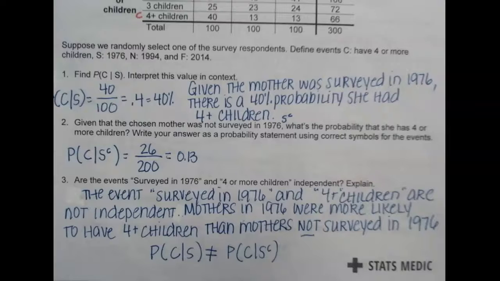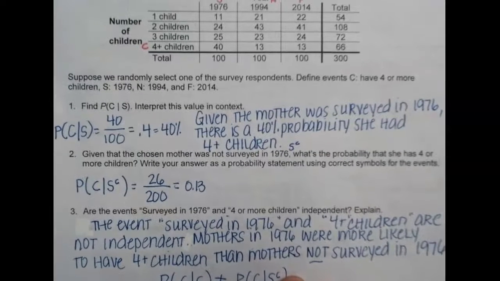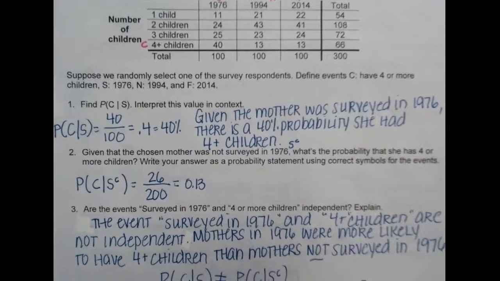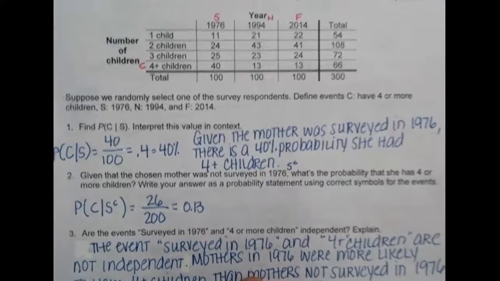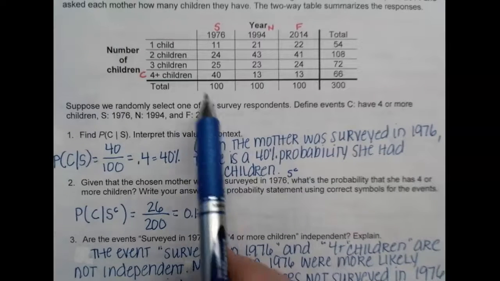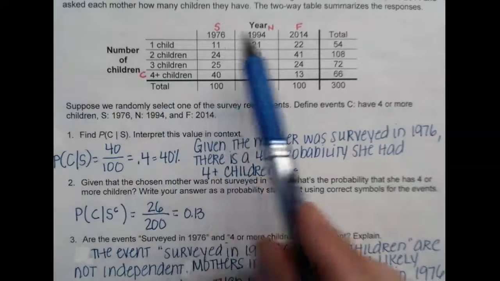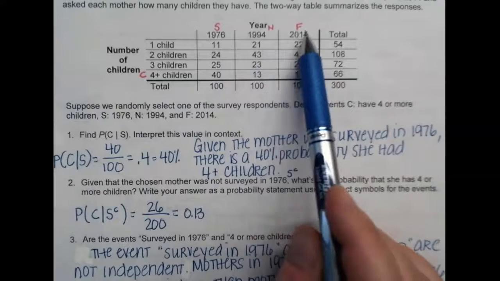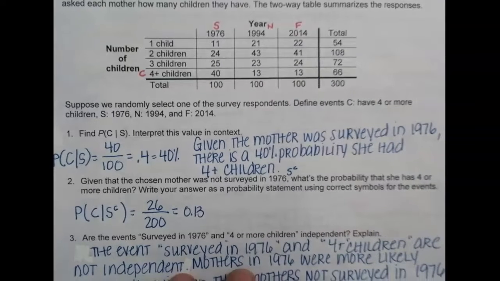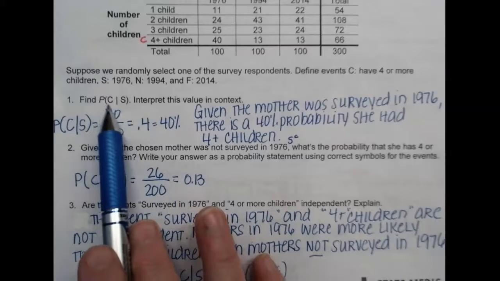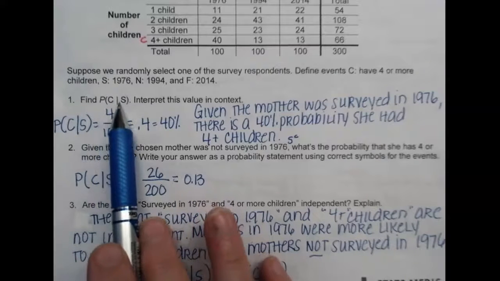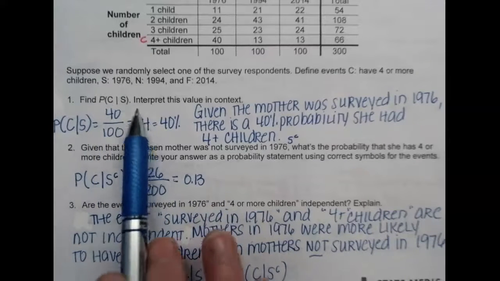The two-way table summarizes their responses. So suppose we randomly select one of the survey respondents. We define the events as C for having 4 or more children, S for 1976, N for 1994, and F for 2014. All right, so find the probability of 4 or more children given it's 1976, and then interpret.